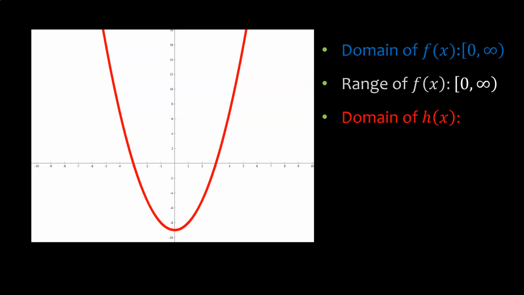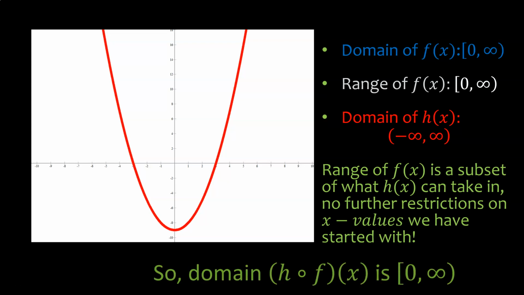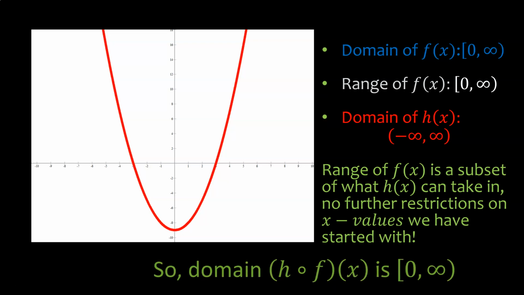And the domain there is all real numbers because it's a parabola, right? So no further restrictions, which means the domain of our composite function is what we started with, 0 to infinity. So that is another way of looking at composite functions using graphs.